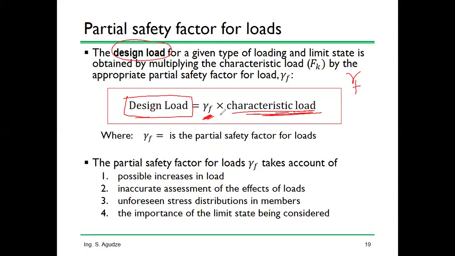So if there is an increase in load, the partial safety factor will take care of that. So even though the load may increase within a certain level, the structure will still work, it will not collapse. So remember that the formula for calculating design load is gamma F times the characteristic load.